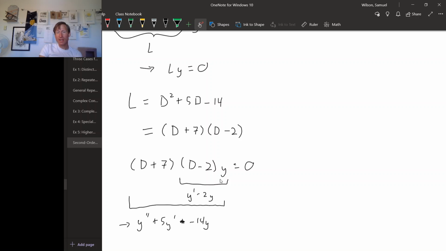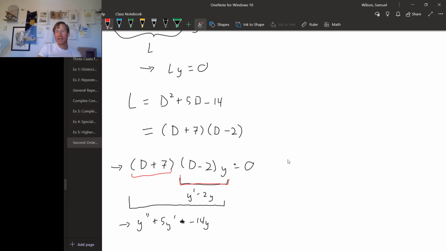But if you look at this version of writing the differential equation with the factored linear differential operator, we've actually made an easier equation for ourselves, because if this middle section here, D minus 2 applied to y, comes out to be 0, it doesn't matter what D plus 7 does, because it's hitting the function 0, and so you would just get 0.